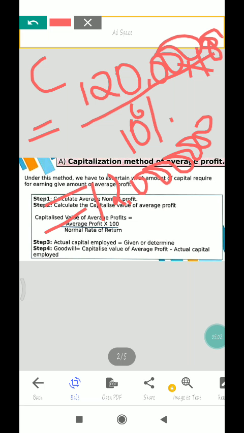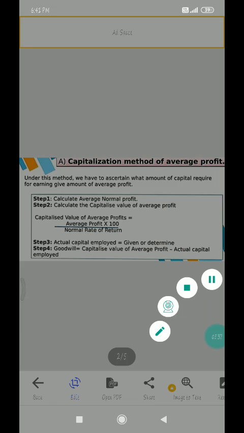Your friend also wants to earn a profit of rupees 1,20,000 at the end of the financial year, the NRR is 10%, and the capital required for earning that average profit of rupees 1,20,000 is 12 lakh. He has to invest 12 lakh rupees of capital in the business to earn a profit of rupees 1,20,000.